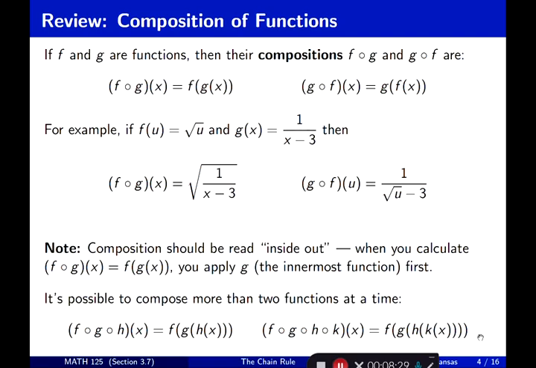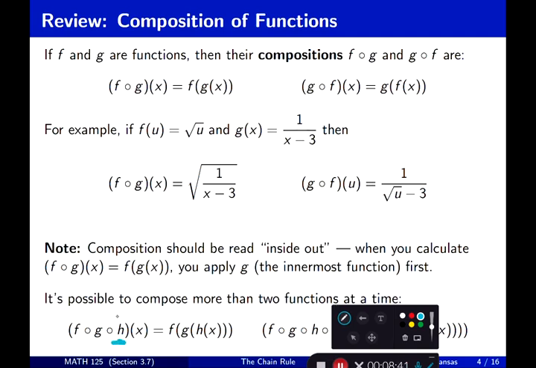Now looking at these examples, over here the innermost is h, and h is the one that acts on x, then g is the one that acts on the output of h, and f is the one that acts on the output of g.